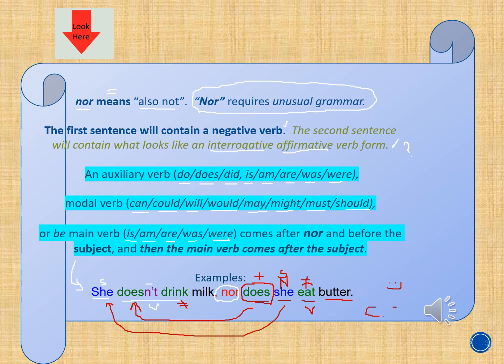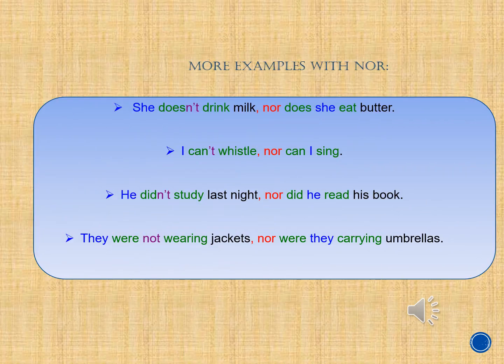Let's continue. I have four different examples with the word nor, because you need to see all the different cases. Example number 2. She doesn't drink milk, nor does she eat butter.